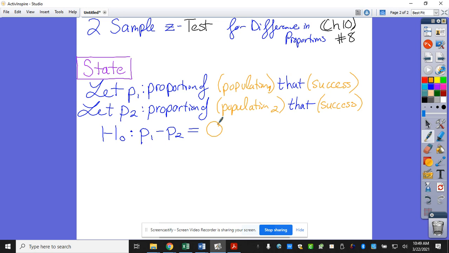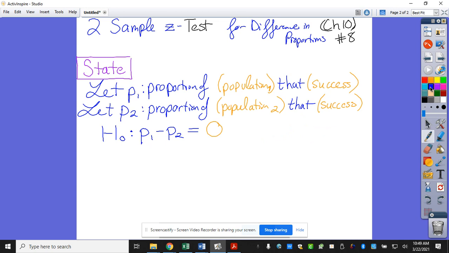But most of the time we deal with seeing if they're the same or if they're different. I can't remember if I talked about this in the video or not, and don't write it on your paper. P1 minus P2 equaling 0 is the same thing as saying P1 what? Equals P2. So you will see other problems or documents that have it written like that. That's technically saying the same thing.